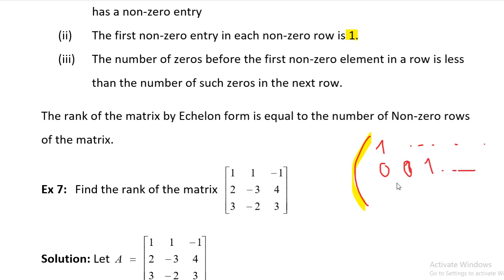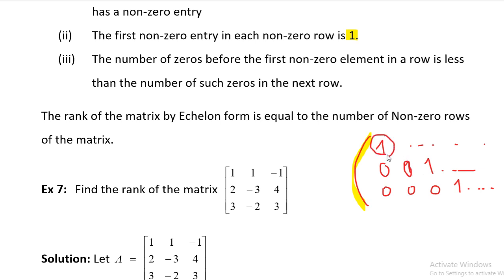But now the third row cannot have any non-zero number in these three places, because it should definitely have three zeros and then there can be 1, and so on. This is the echelon form. This is called the leading entry of every row. Every row below should have its leading entry to the right of the previous one.